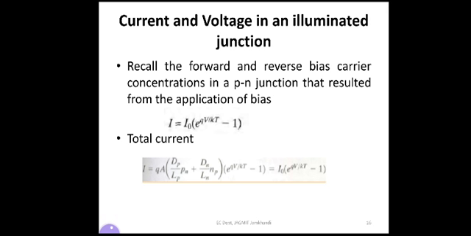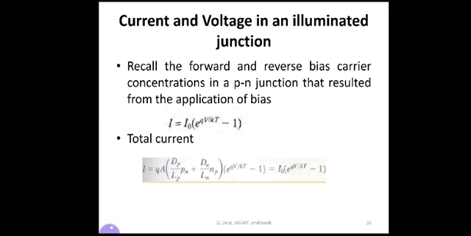So that is the equation I = I0 (e^(qV/kT) - 1). The total current is the diffusion current minus the absolute value of the generation current.